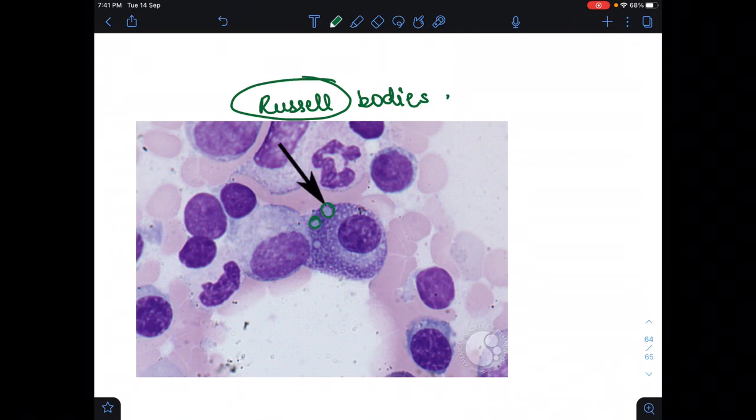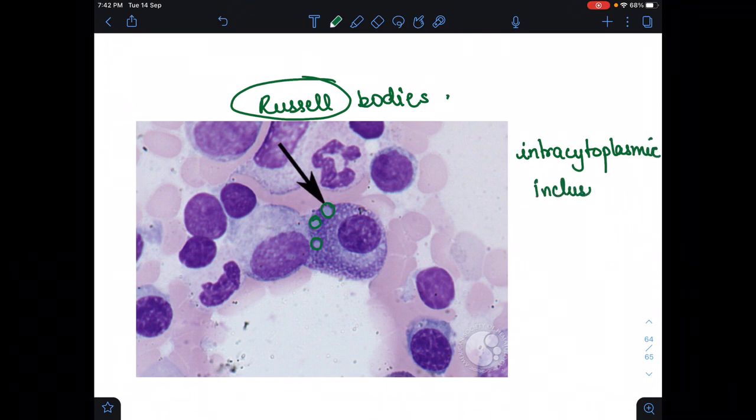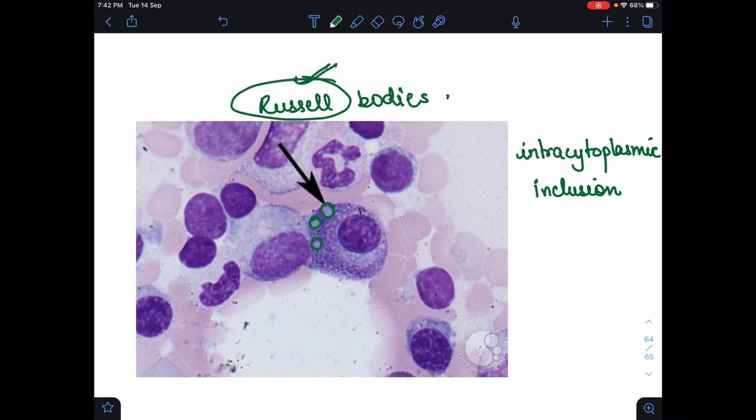The inclusion is in the cytoplasm because it is towards the periphery. So Russia is towards the periphery, and that's why it is a Russell body.